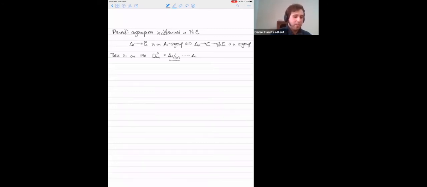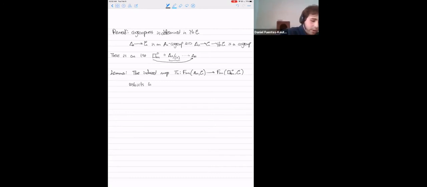And so because of this, I have a really natural map that just forgets down to here. This gives me a map from this punctured cube to delta n, and I can pull back along that map. So this induced map, which I'll call pi n, goes from functors from delta n to C into functors from the punctured cubical diagram into C. Then this actually restricts to a map on cogroup objects and the category of special punctured cubes.